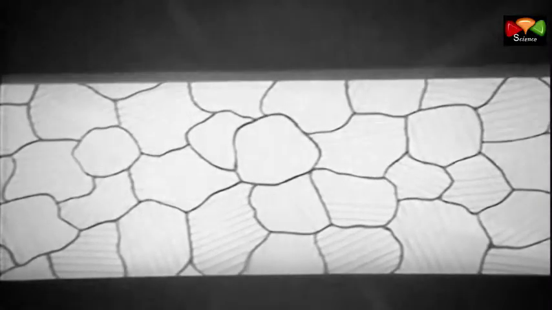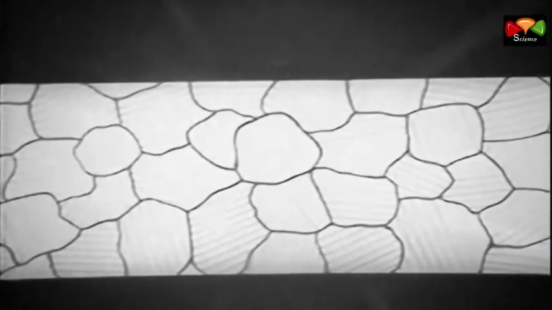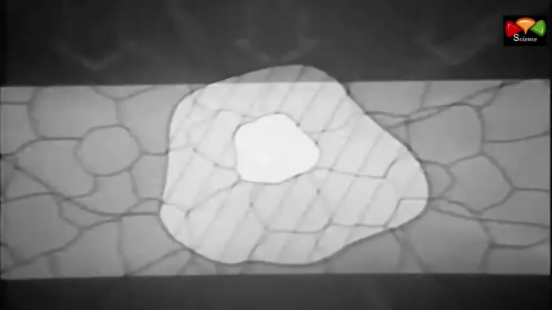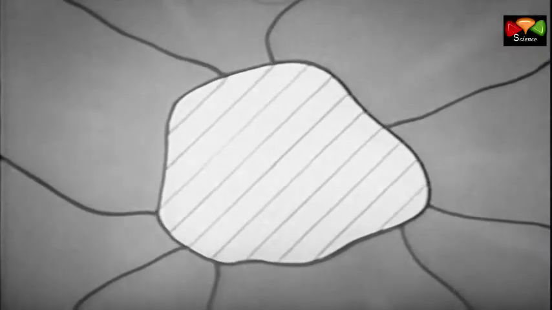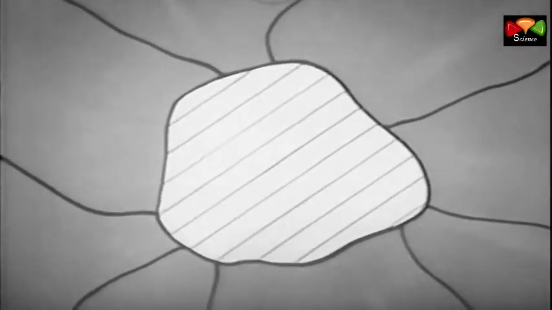When a load is applied to the metal, the stresses are transmitted from grain to grain. Some begin to deform by slippage before others. Within each grain, the crystal blocks rotate to produce elongation.